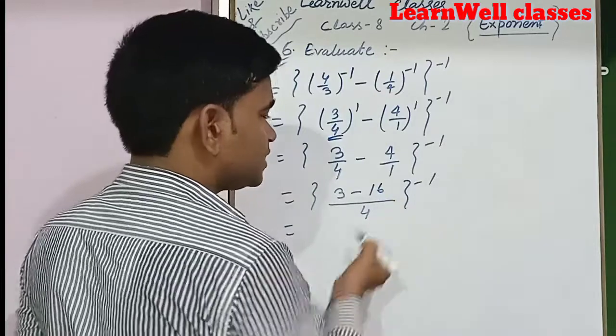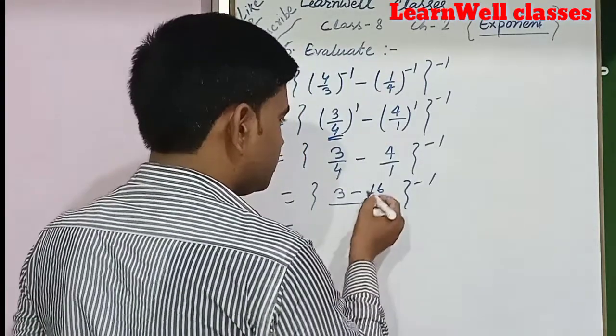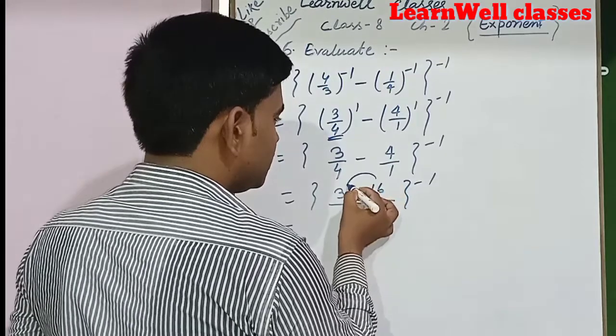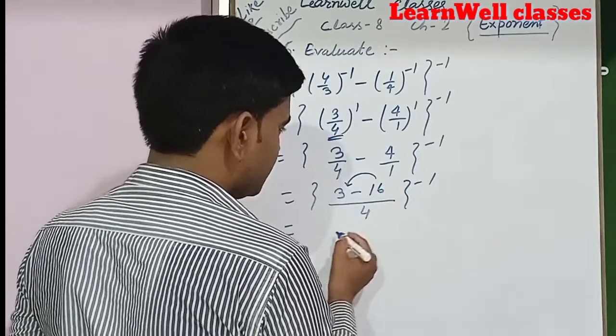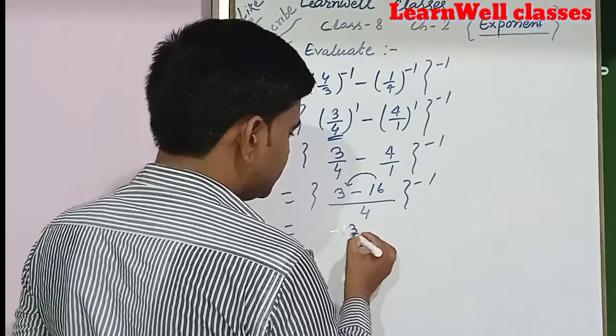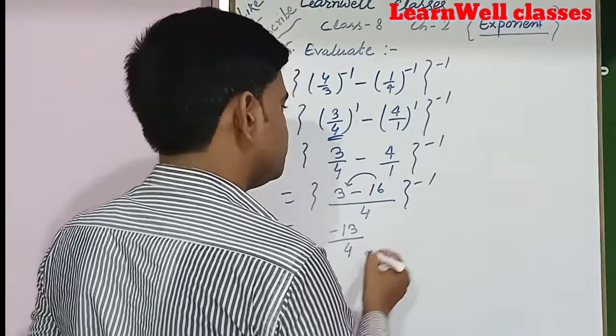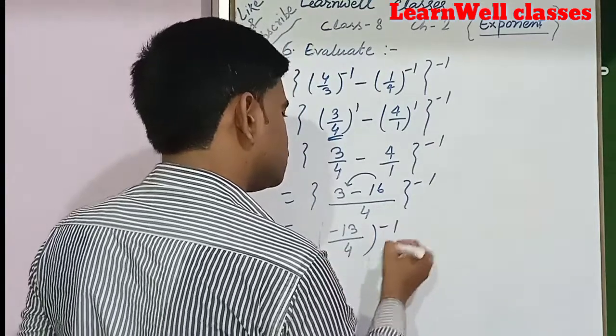When the minus number is greater and 3 is smaller, we subtract and it will be minus 13 upon 4, raised to the power minus 1.